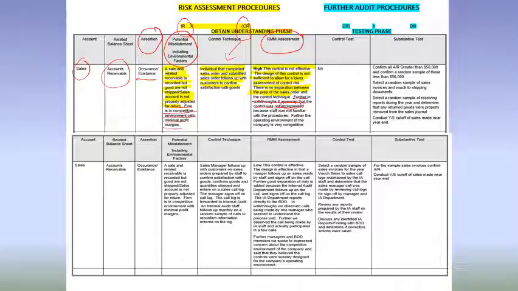There's our key words: implementation, and what? Design. We didn't like the design, and we did a walkthrough, and it seemed that the staff were not familiar with the policies. And again, we bring out the environmental factors as well. So in the end, we assess our risk of material misstatement at high, at the maximum. We set it at 1.